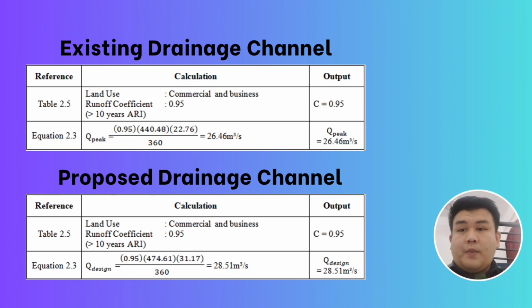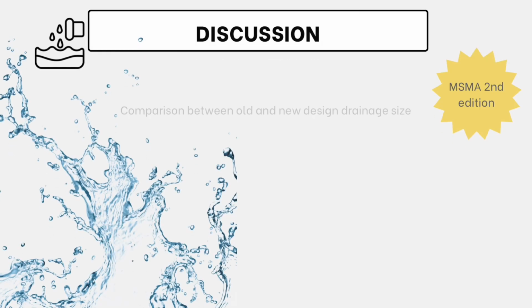And then for the proposed drainage channel, the runoff coefficient is still the same, 0.95. So we calculate the Q, and we find it is 28.51 meter cube per second. So this means that the proposed new design of drainage channel is passed because the Q proposed is higher than the Q existing.